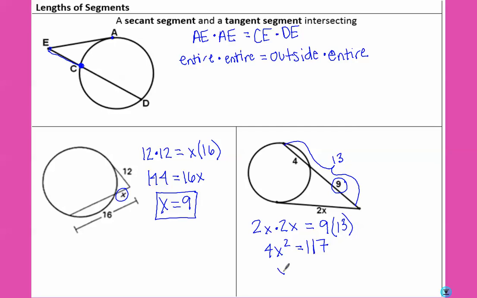Divide by 4, we get x squared equals 29.25. Then we'll square root both sides, and we get that x is approximately 5.4.